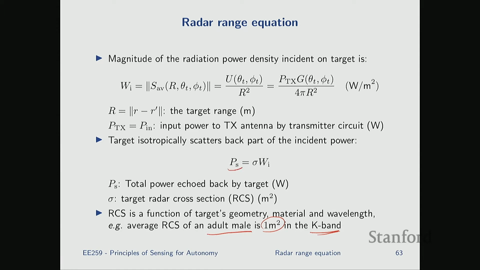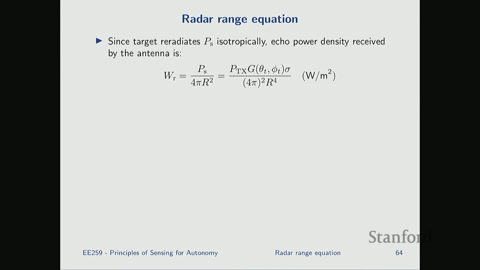Okay, so far we have calculated the total power that the target is going to echo back. From that, if we assume that total power P_S is radiated back isotropically, again, kind of like spherical waves coming back towards us, what is the power density received by the antenna? So at the antenna, how much power do we receive? It's the total power that the target radiates back divided by 4πr². Why 4πr²? Because 4πr² is the area of a sphere with a radius r.